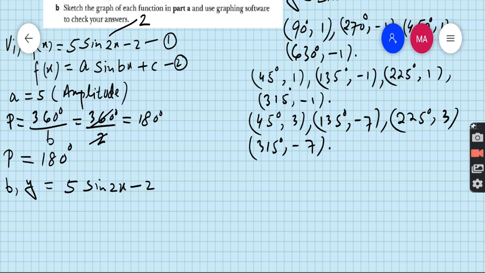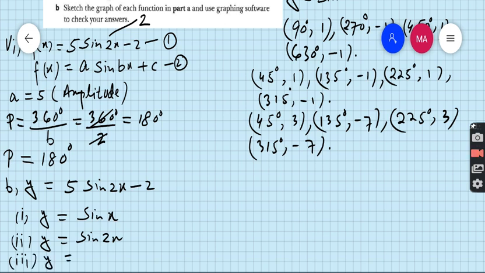So we will split our graph. One is y is equal to sine x. The second is y is equal to sine 2x.